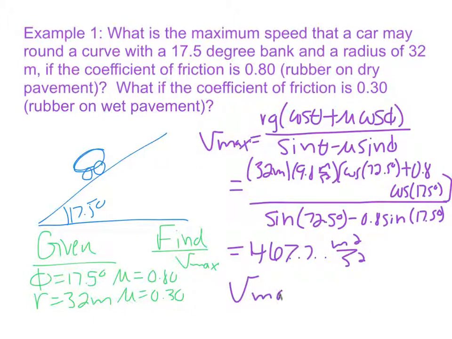Taking the square root of that, v max equals 21.62, keeps on going, meters per second. So with 2 sig figs, v max on dry pavement is about equal to 22 meters per second.